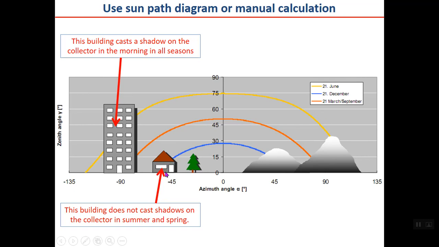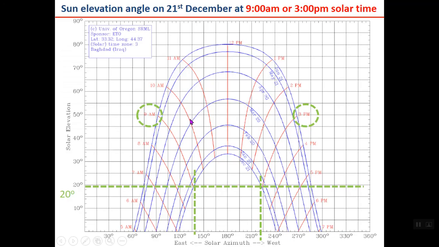But this small one, for example, this small building, does not cast shadows on the collector in summer and spring. You can see that it just casts a shadow when the sun rises, up to, maybe you should see the timelines. You may remember that there are red curves here which show the time.